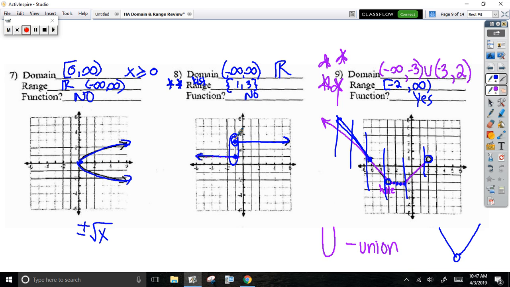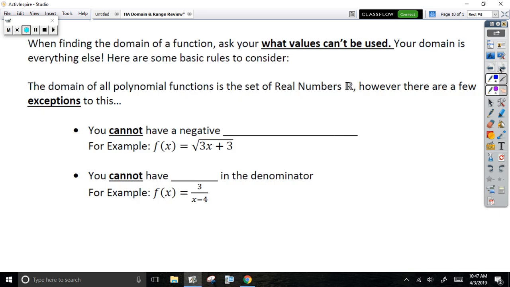All right. On the back, we're going to look at some equations without a graph on our graphing calculator. Okay. So at the top, I just have a little reminder from earlier. Remember that the domain is all real numbers except 2 cases. One is if you have a square root. You cannot have a negative under an even root. That's one of your exceptions.